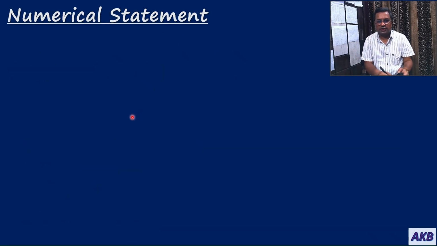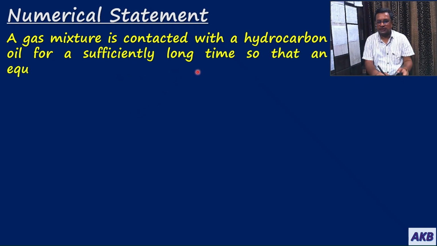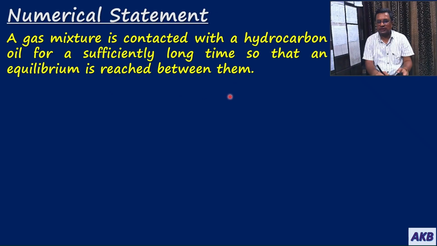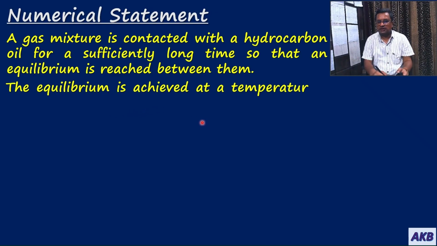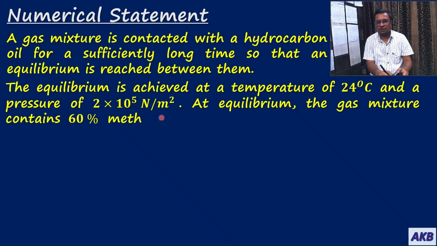First of all, let us look at the numerical statement. You have a gas mixture that is contacted with a hydrocarbon oil for a sufficiently long time so that an equilibrium is reached between them. The equilibrium is achieved at a temperature of 24 degrees Celsius and a pressure of 2 into 10 to the power 5 Newton per meter square.